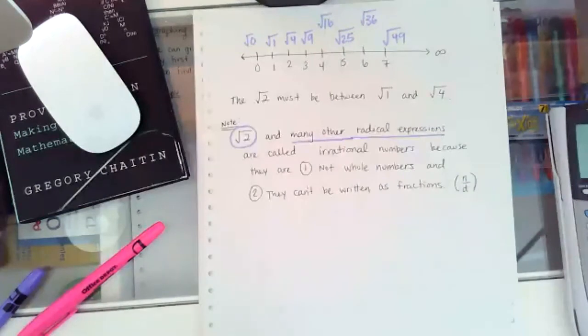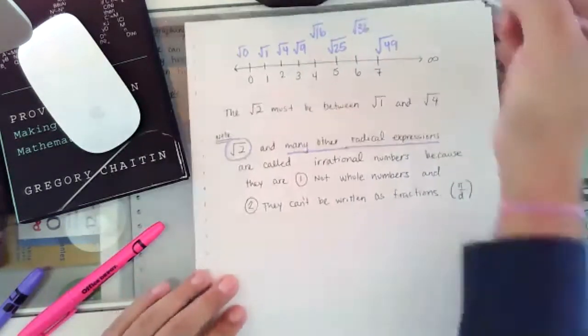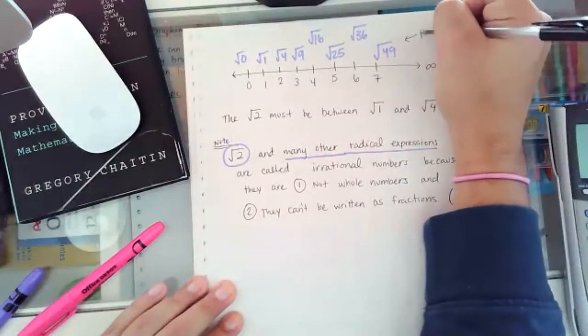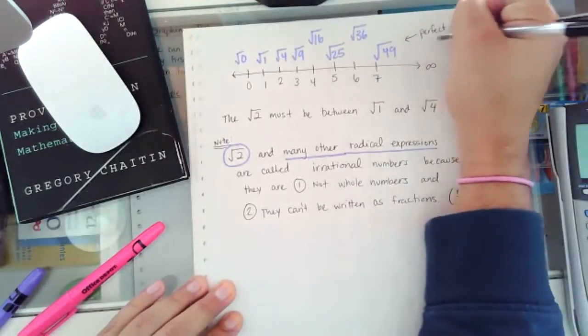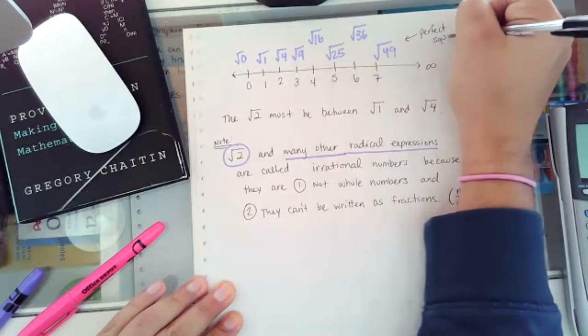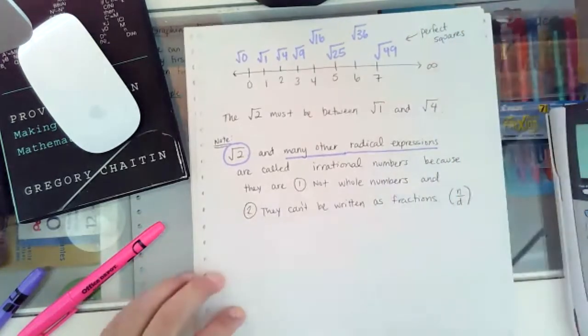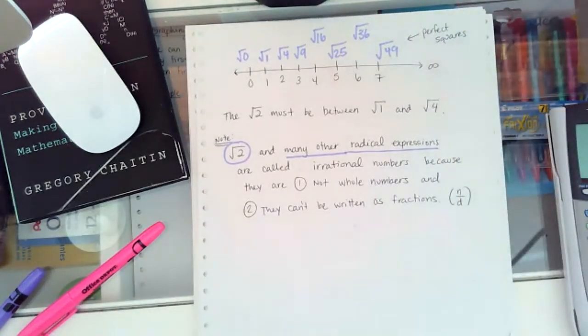So one way you could do that is by figuring out where all of the perfect squares are. These are called perfect squares, and the reason why they're called perfect squares is because when you take the square root, you get a whole number back.